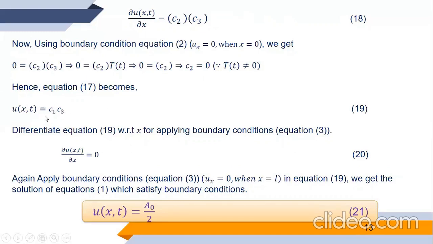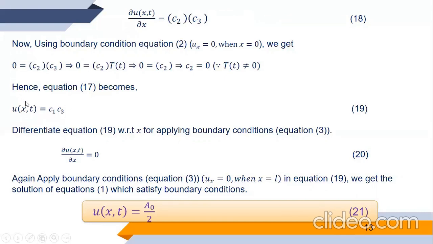Now we are applying the boundary condition equation 3, differentiate, then we get 0. So this is the equation number 20. Again, applying boundary condition equation 3, ux is 0 when x is L in equation 20, we get the solution of equation 1 satisfies the boundary condition.